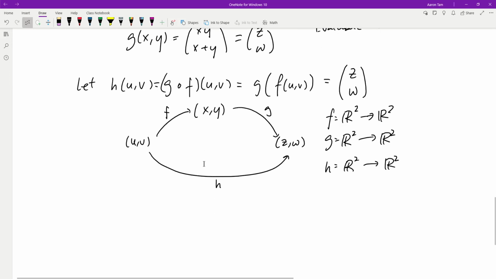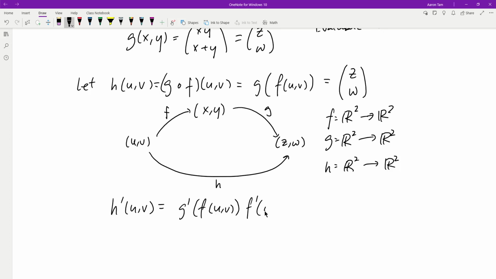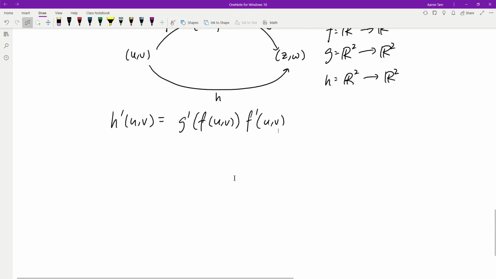So how do I form the derivative h prime of uv? Well, simple. Based on the chain rule, that's g prime of f of uv multiplied by f prime of uv. And no, you don't put a dot between them, because remember, it's matrix multiplication. So now it's just a matter of finding these two derivatives and then multiplying them together.